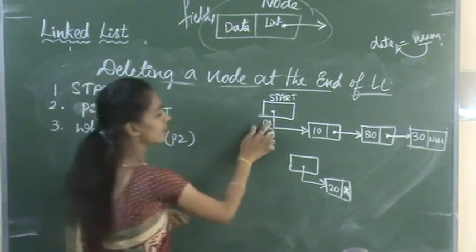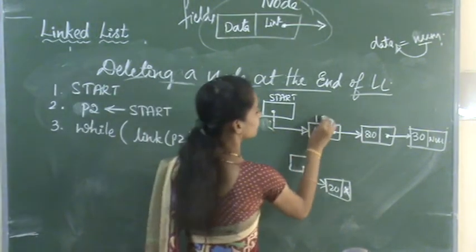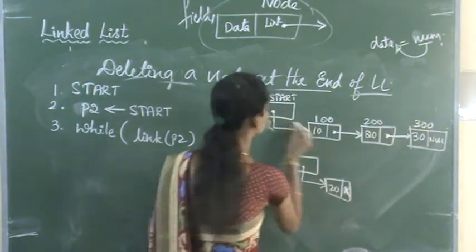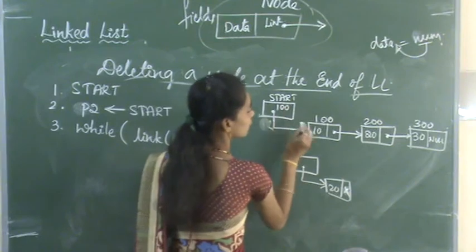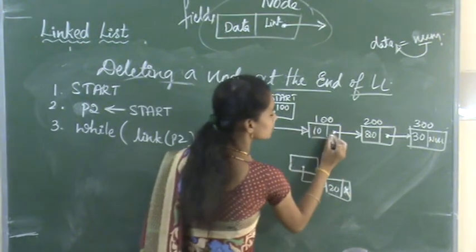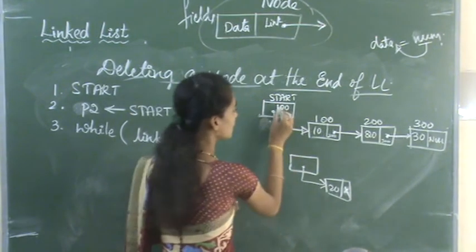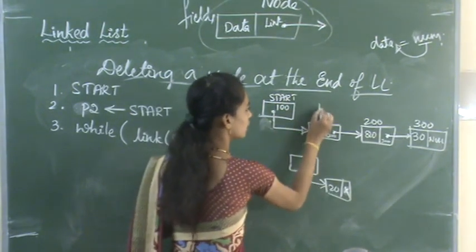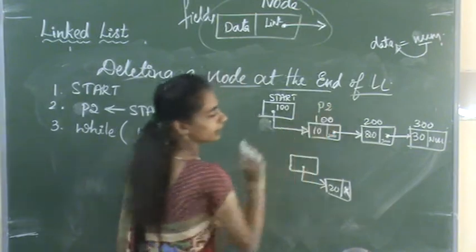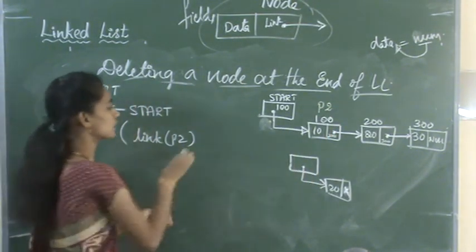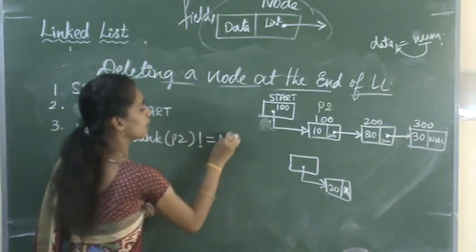This start address is here: this is 100, this is 200, this is 300. So P2 is pointing here, and this is not equal to null.